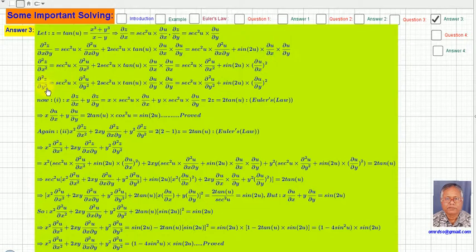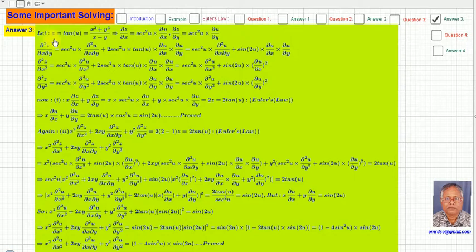And del square z del y square, after solving, in fact it is a product of two functions, so apply the law of product of two functions, differentiate with respect to y, we'll get sec square u del square u del y square plus sin 2u (del u del y) whole square.